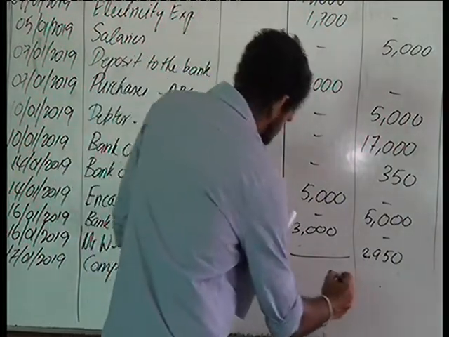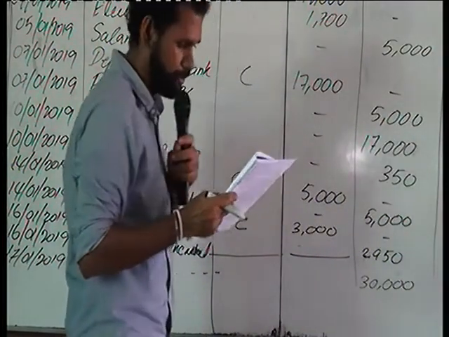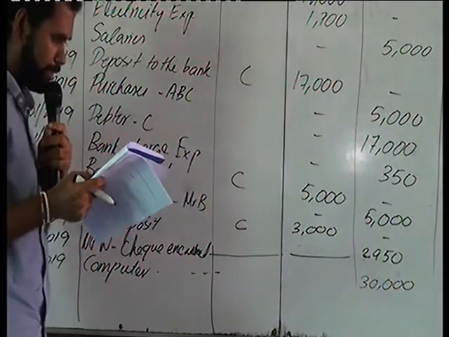So computer purchased by paying 30,000 and that is credited to the bank account.